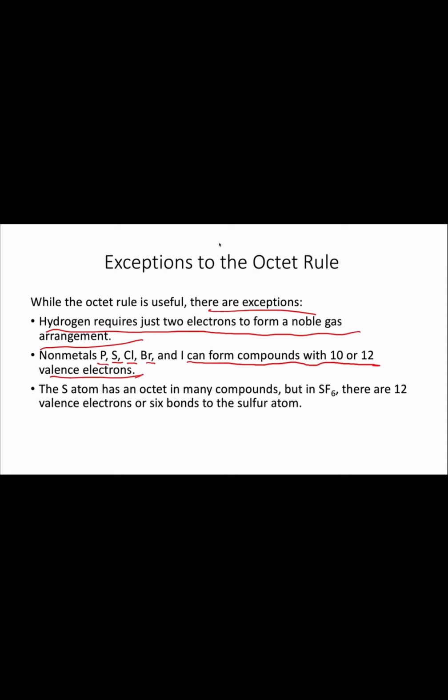They're going to be able to expand because they have d orbitals. The atom has an octet in many compounds, but take sulfur hexafluoride: there are 12 valence electrons, 6 bonds to sulfur. So sulfur is going to be the exception because it's going to be able to handle more electrons.